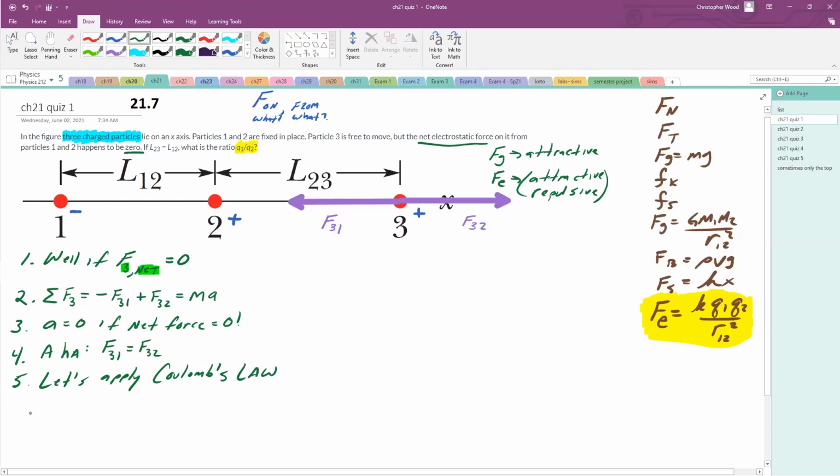This is Coulomb's law with subscripts. Here goes. F31 means k, Q1. No, follow the subscripts. Let me back up one more step. Here, this is Coulomb's law.